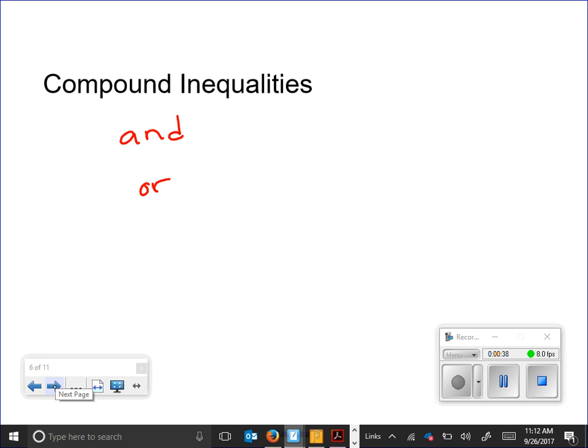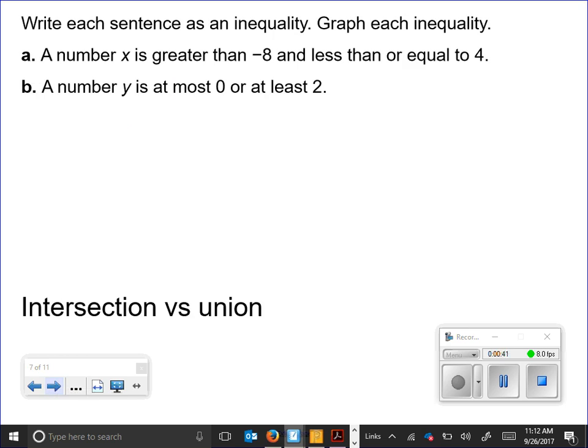So let's get started. It says, write each sentence as an inequality, and graph each inequality. Our first one says a number x is greater than -8 and less than or equal to 4. When we see the word "and" in here, that should give us an idea of what this might look like as an inequality. So let's start with the first part.